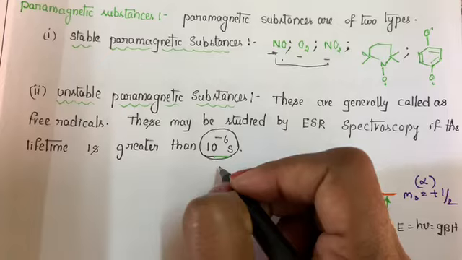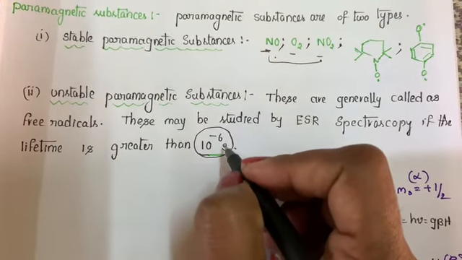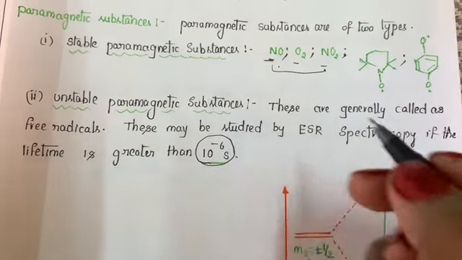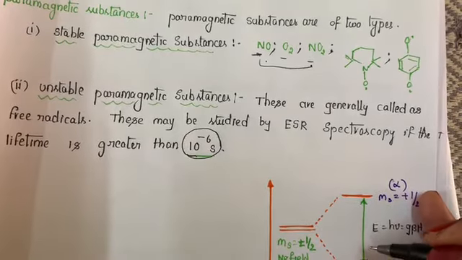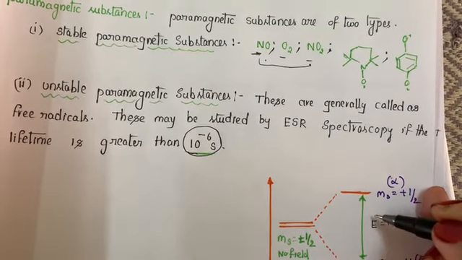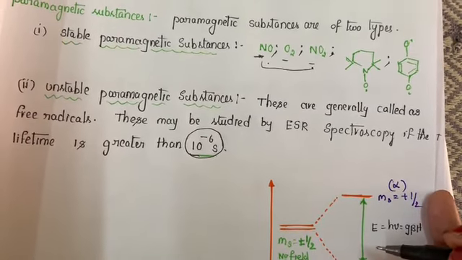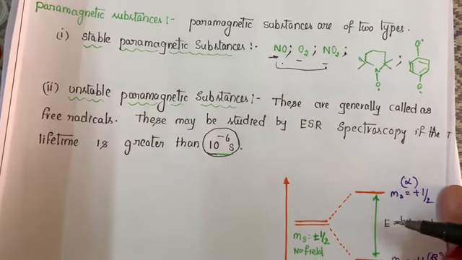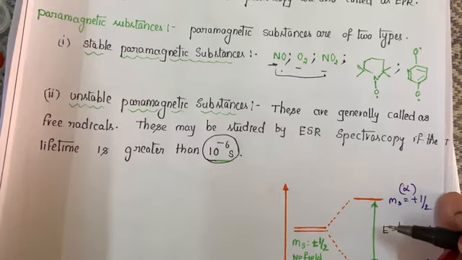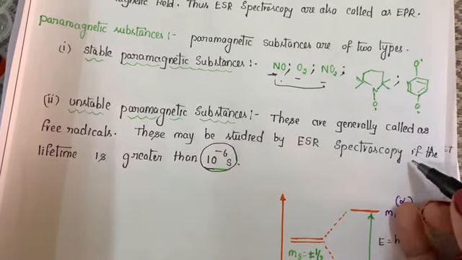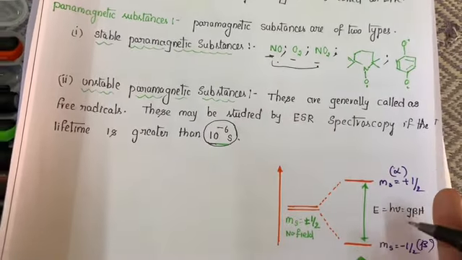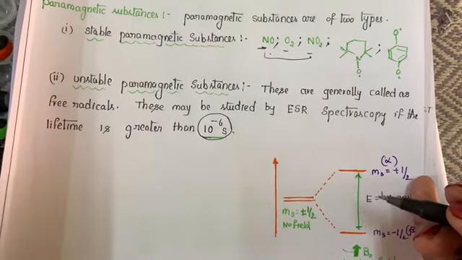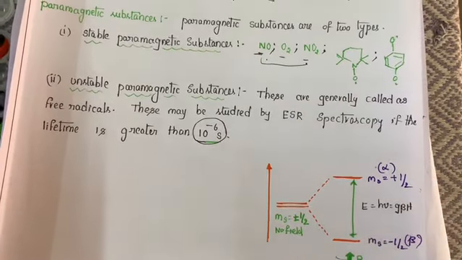That means the radical lifetime must be 10 to the power of minus 6 seconds. What is meant by radical lifetime? That means to undergo excitation and come out, it requires some time. So it requires greater than 10 to the power of minus 6 seconds. If the radical lifetime is more, then only can it absorb the electromagnetic radiation, and only then can it exhibit the ESR spectrum. So thanks for watching this video.